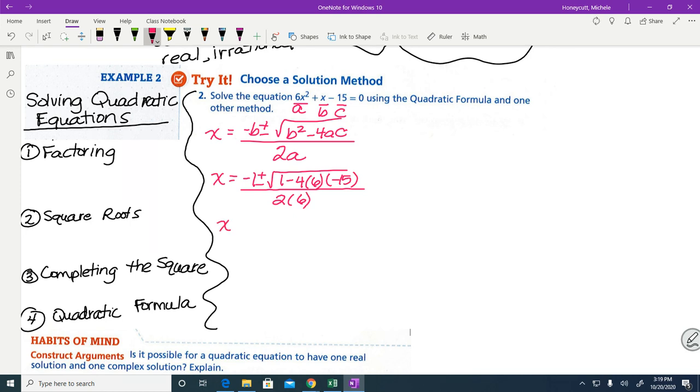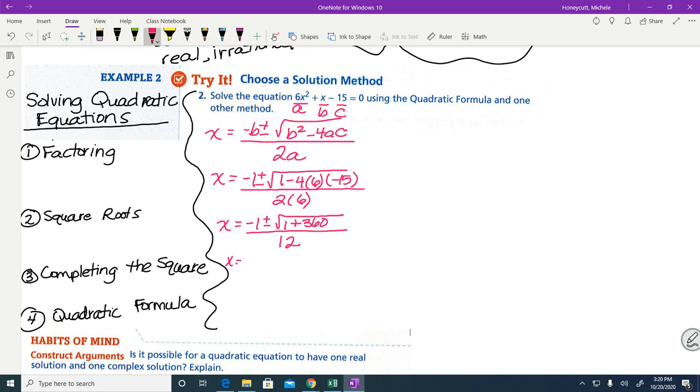Then I'm going to simplify inside the radical. So negative 1 plus or minus the square root of 1. Let's see, 4 times negative 6 times negative 15 is plus 360. All over 2 times 6 is 12.